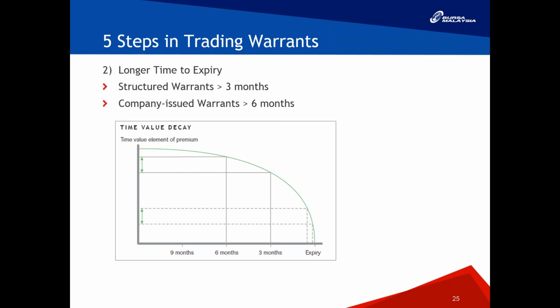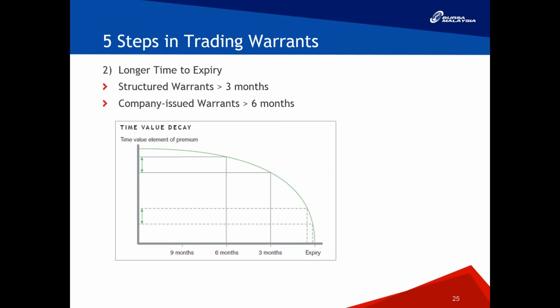Number 1, choose the one that has the longer time to expire. Now, we're talking about both call warrants as well as normal warrants. I would put it here that you should try to choose, if it is a call warrant or call structure warrant, something that is more than 3 months to expiry. And if it is a company-issued warrant, choose something that is more than 6 months to expiry.